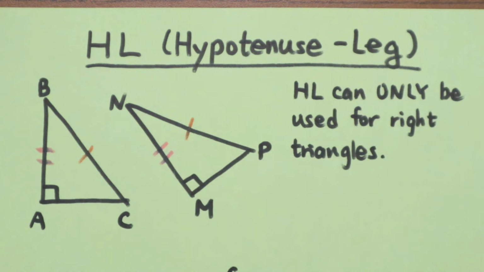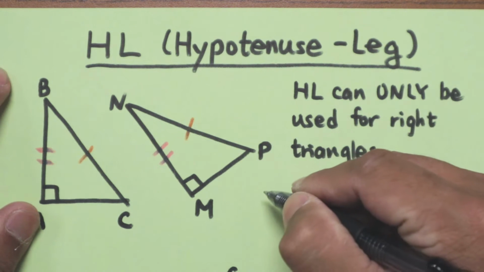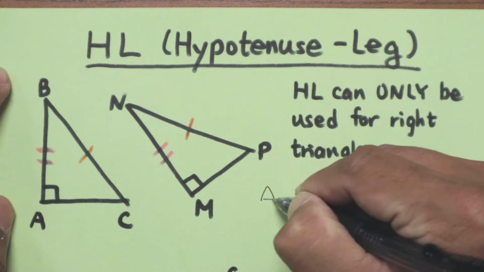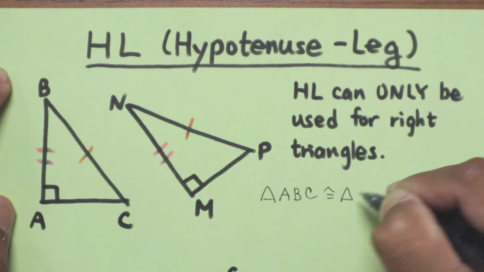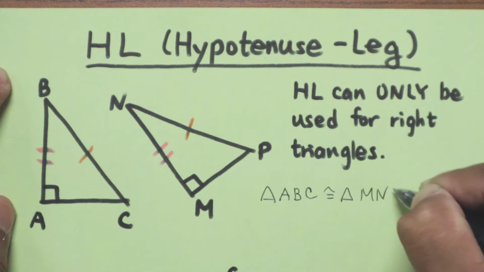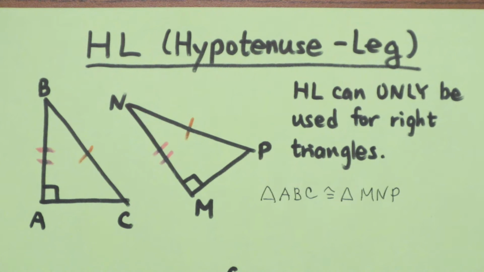So just like demonstrated in this diagram, right? And that means the congruent statement is going to be triangle ABC is congruent to triangle MNP, okay? And remember, this is working because of the Pythagorean theorem.